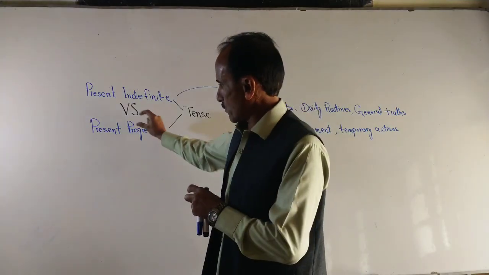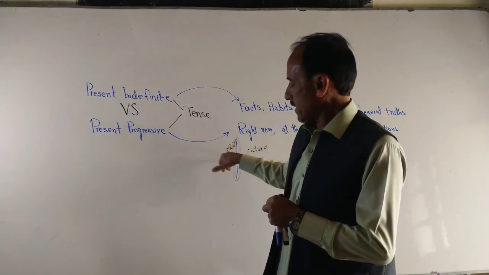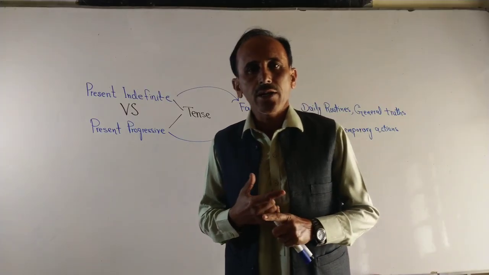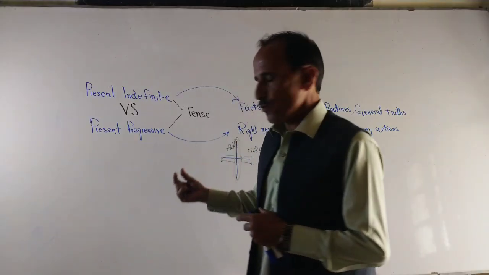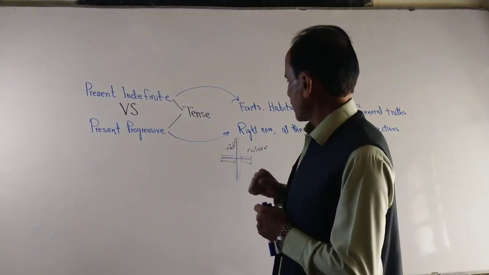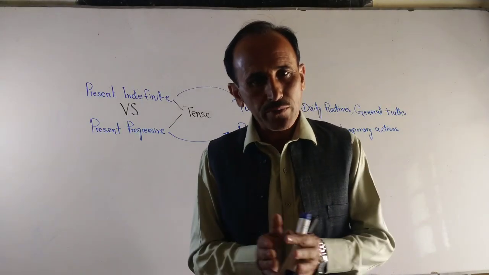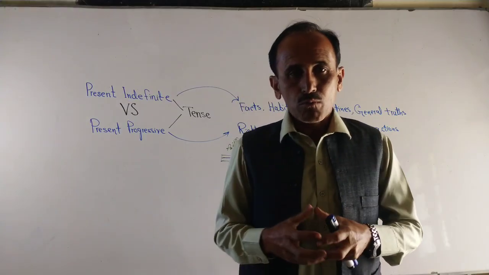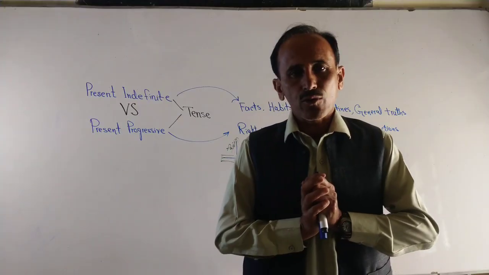As like this one, past indefinite or simple past, past continuous, past perfect, and past perfect continuous. And future: simple future or future indefinite, future continuous or progressive, future perfect, and future perfect continuous. So these four main types of every tense are very important.